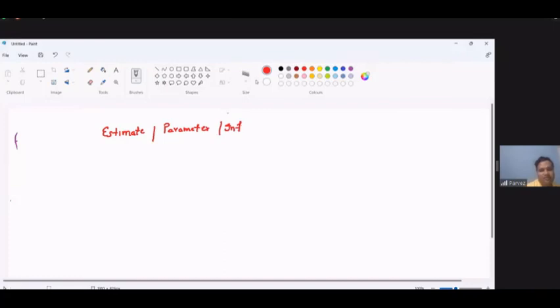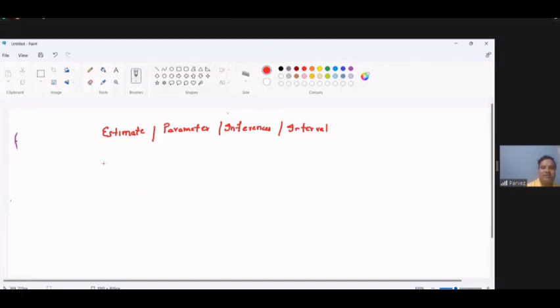Please mute yourself. Make sure you don't disturb others, right? That much you should think. Estimate, parameter, inferences, or interval, all are the same thing.